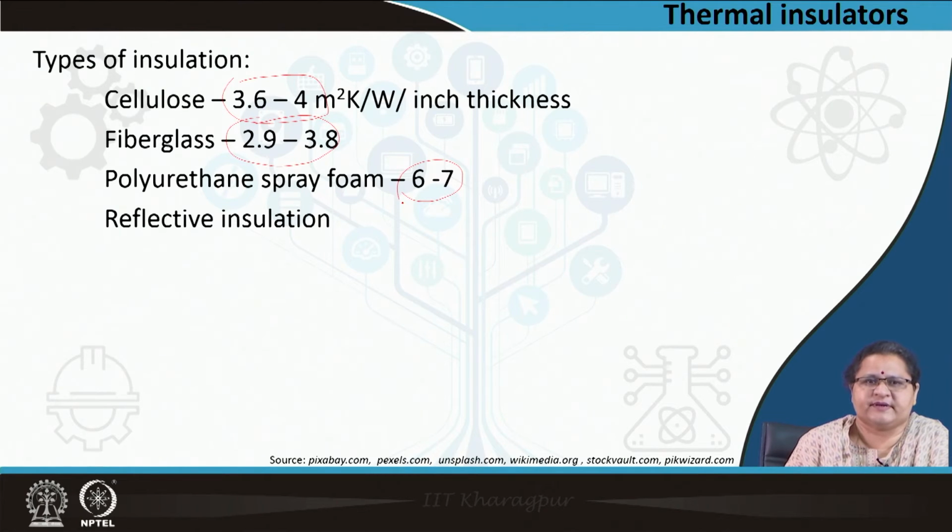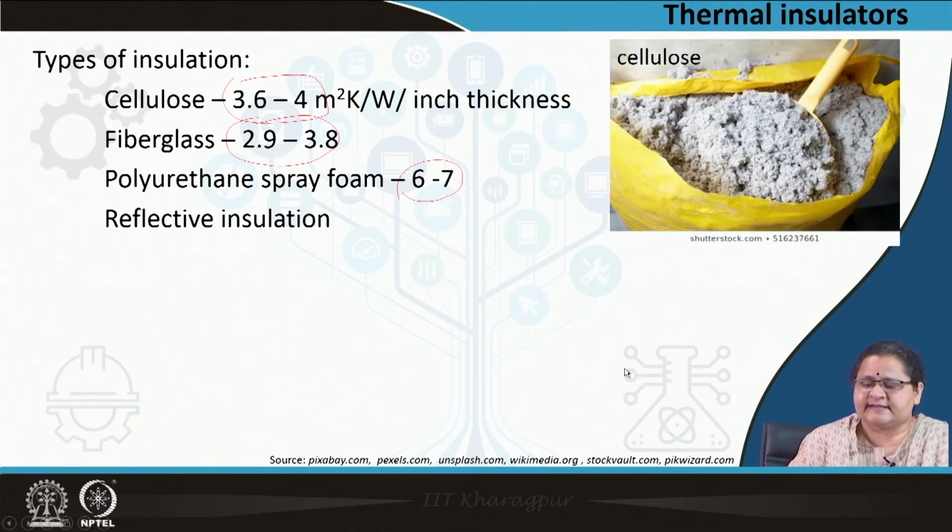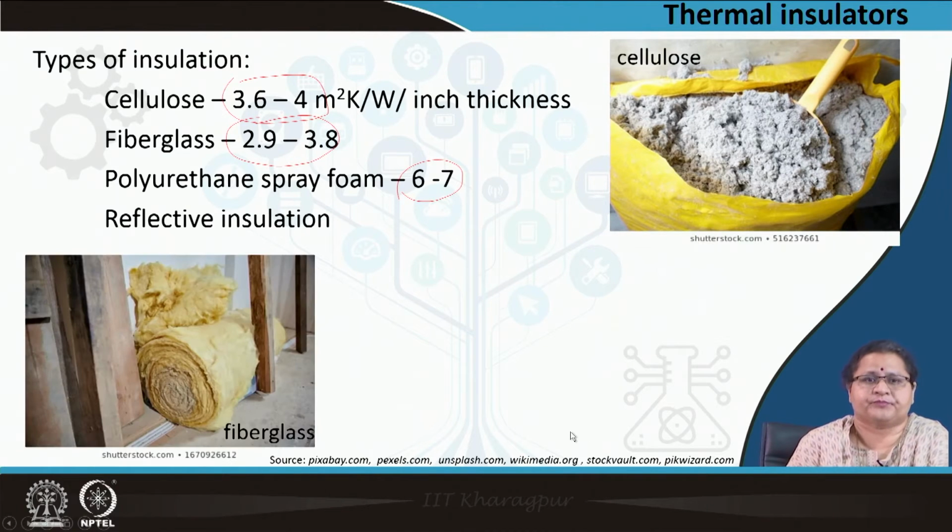Now, what are these materials? Cellulose is an organic material. You can see it is a woolly material, grey in color. We will come into the details soon.